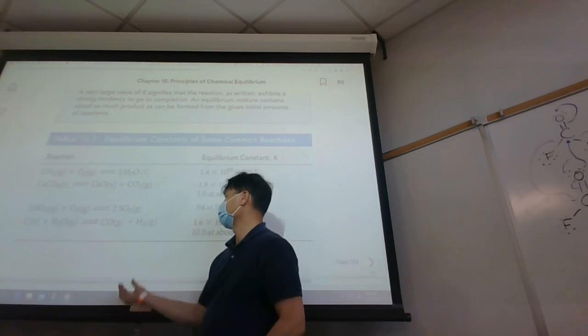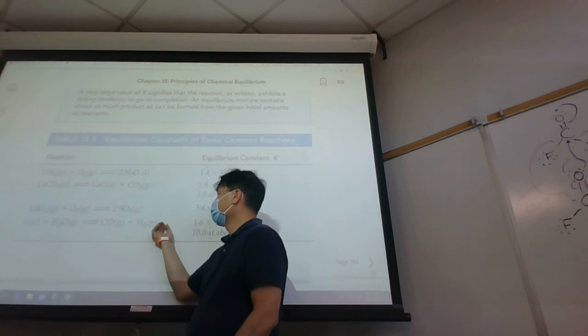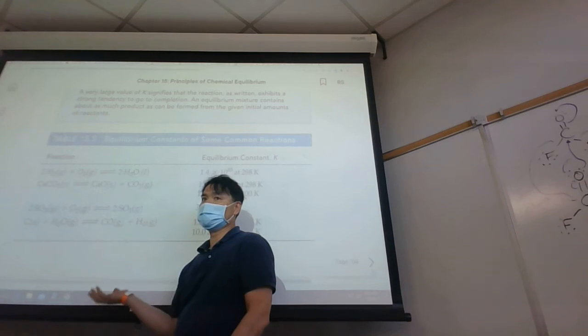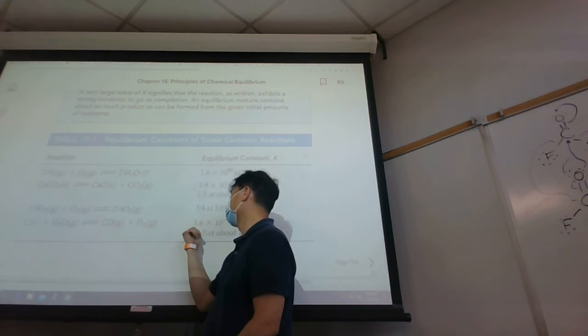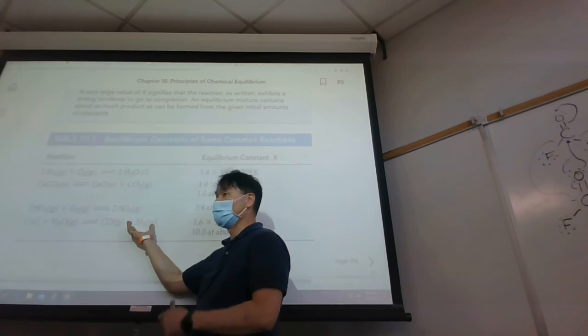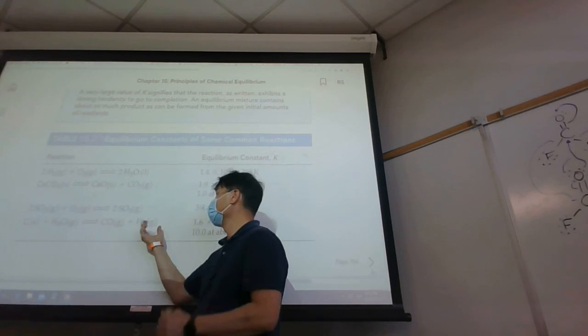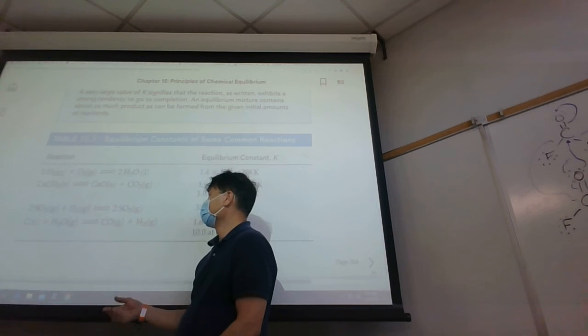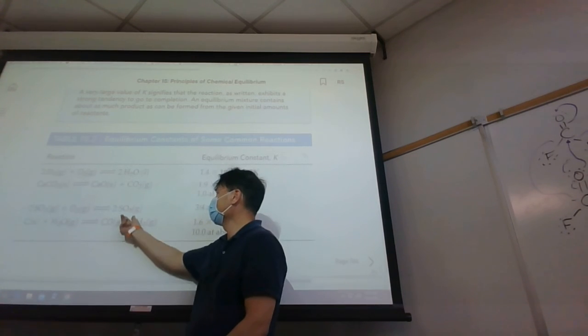That's called a shift. If we can take out the hydrogen, the reaction shifts to the right, and then we can produce more hydrogen. Even though it's not very favorable, we can make it more favorable by removing the product.